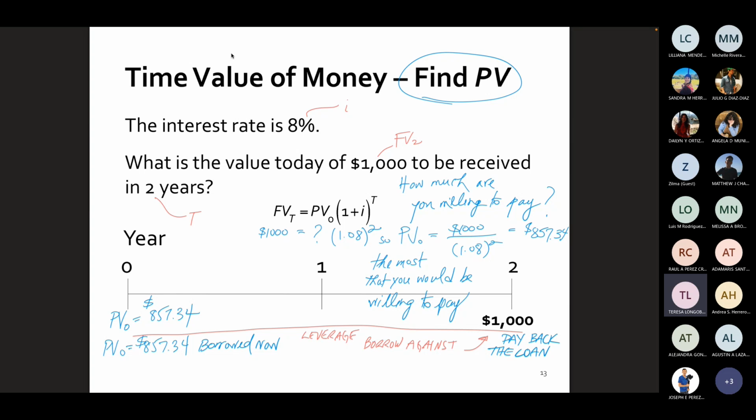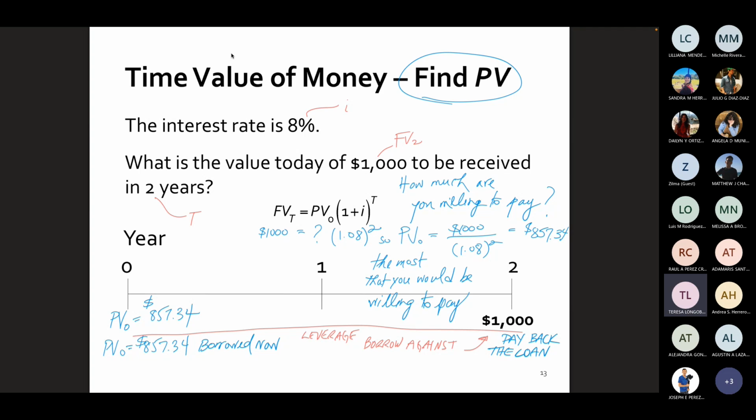Now, what could you do with that in the interim? Well, if 8% is the only rate, you can just spend it, do whatever with it right now. But in reality, knowing that money's coming in the future and borrowing against that, hedging any kind of risks, you could use that money to try and do something else.